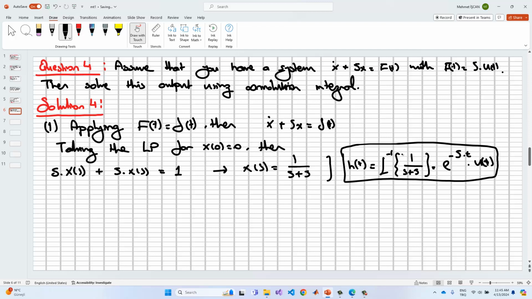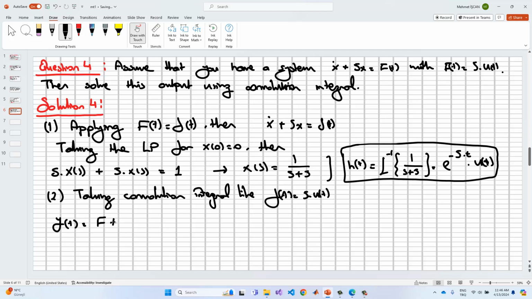Okay, and so in the second step, we need to take the convolution integral, like with f(t) equal to 5u(t) in here, and so y(t) is equal to f(t), the input value, star operation h(t), which yields the integral from minus infinity to infinity of f(tau) times h(t minus tau) d tau.